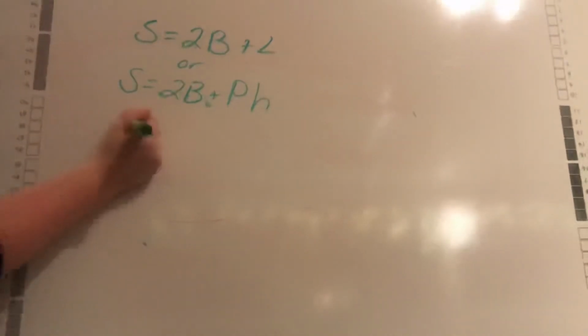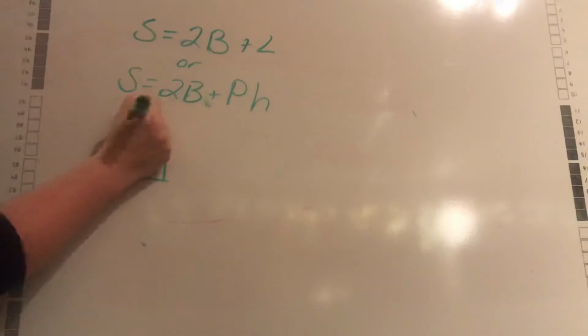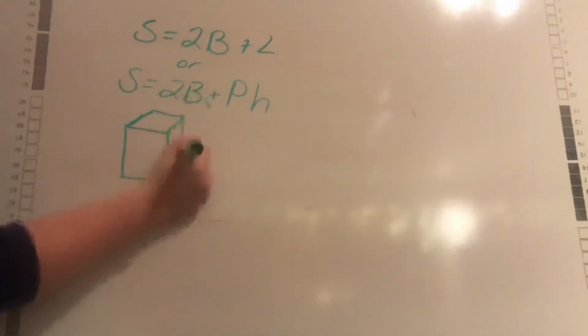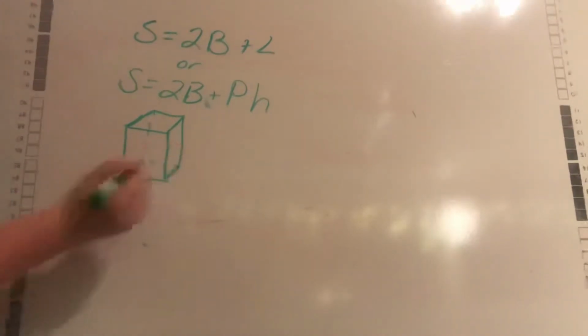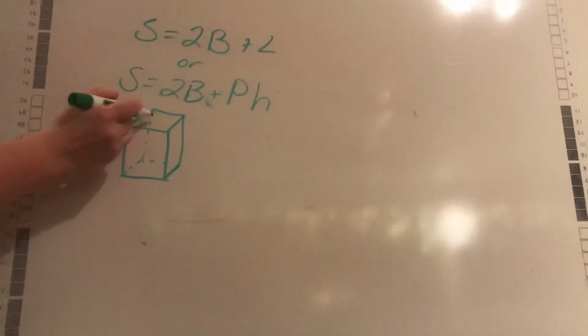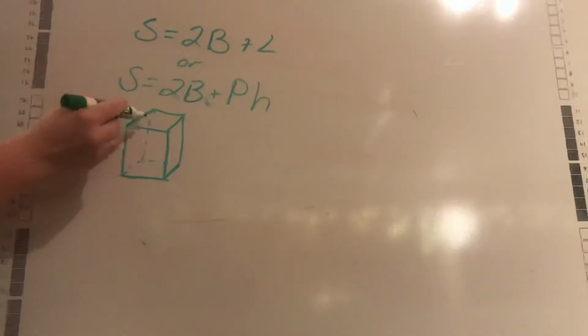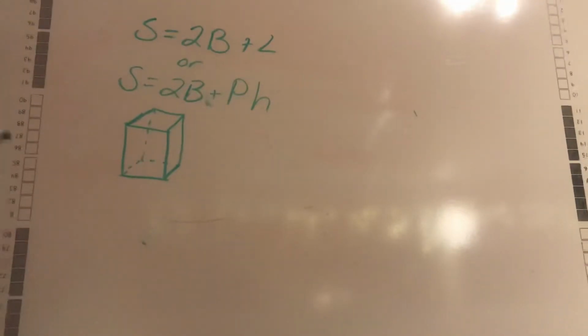So let's draw that cube again. Here's your base, and you want to find the area of your base, and then you're going to times it by 2, so it's this base and this base added together.